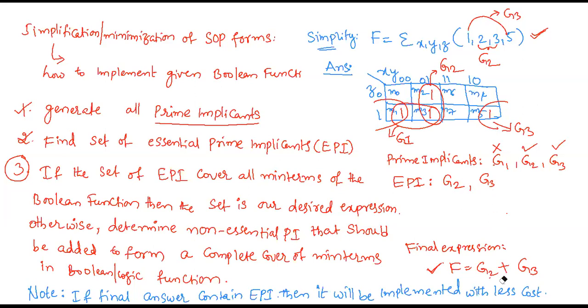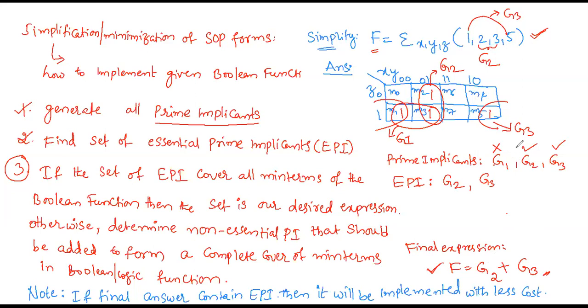It is valid if these two sets G2 and G3 cover all the minterms in the given Boolean function F. G2 is covering 2, 3, G3 is covering 1, 5 minterms. So this is our desired answer.